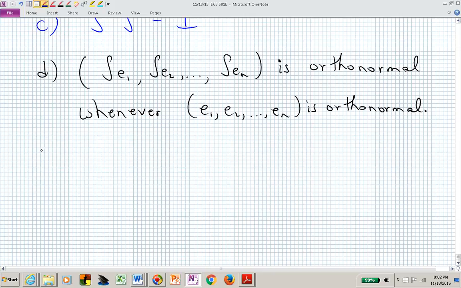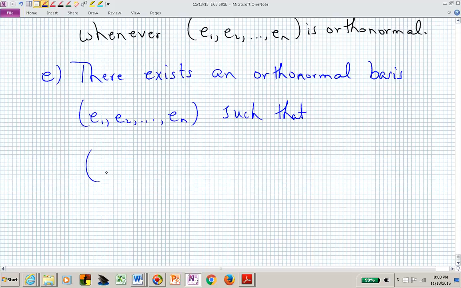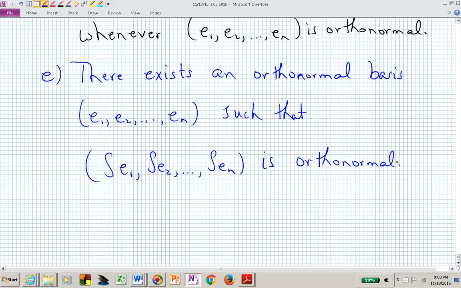Another equivalent statement is E, that there exists an orthonormal basis e1, e2, up to e sub n such that Se1, Se2, up to Se sub n is orthonormal.